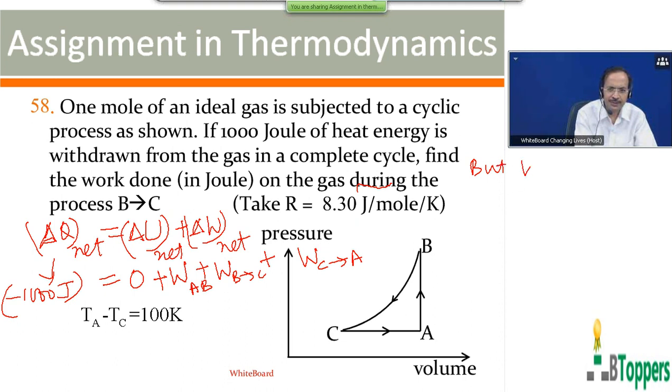Therefore, no work is done by the gas in the process A to B. So in the process from A to B, volume is constant, so work done is 0.